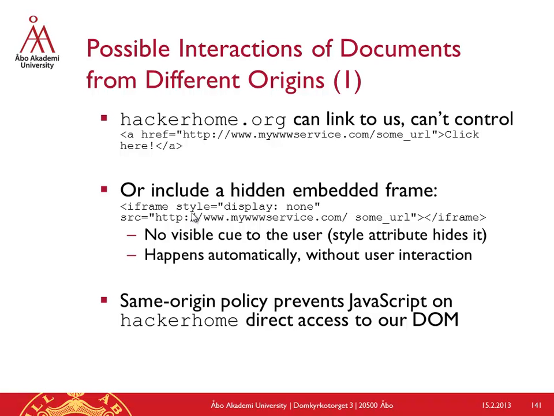This is more complicated and more interesting, because a malicious web page may include our web page inside of it with an iframe. And in this case, the same origin policy still has to be utilized, and it prevents some unwanted behavior, but unfortunately, this is not complete protection.